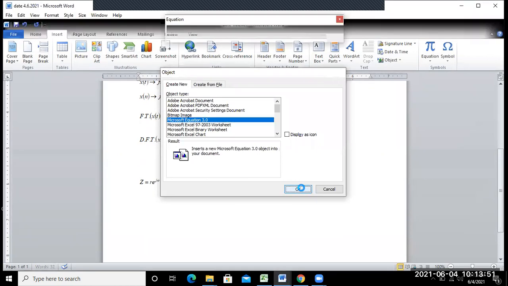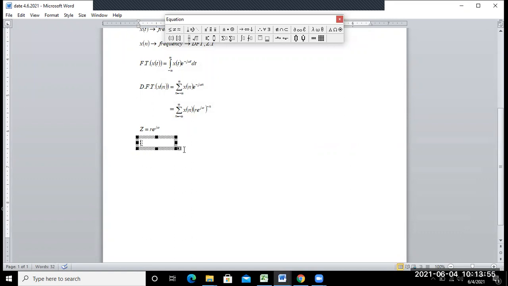So let's put the value of z in X(z). X(z) is equal to the summation of n equal to minus infinity to infinity of x[n] (r e to the power j omega) whole to the power minus n. What is the value of z? r e to the power j omega.